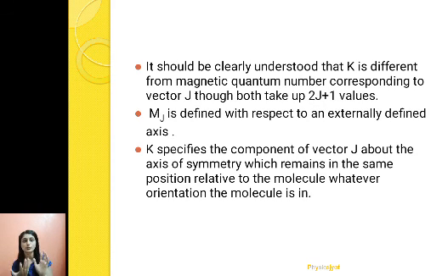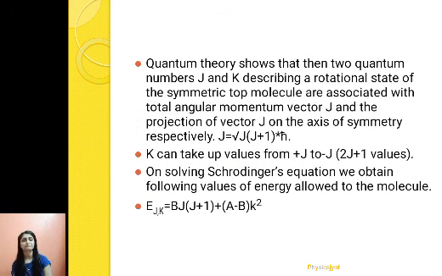Generally we talk about MJ, which can take 2J plus 1 values, but MJ is different and K is different. K specifies the component of vector J about the axis of symmetry, which remains in the same position relative to the molecule, whatever orientation the molecule is in. Now we will study the selection rules, and depending on that, what kind of spectra we get.